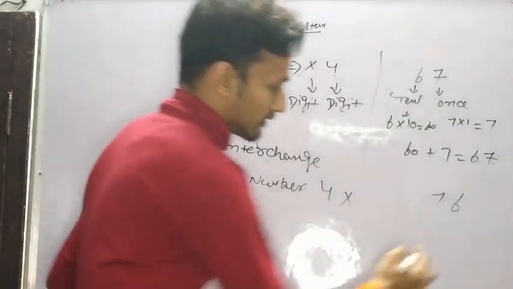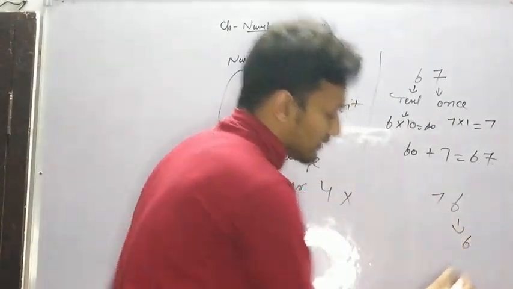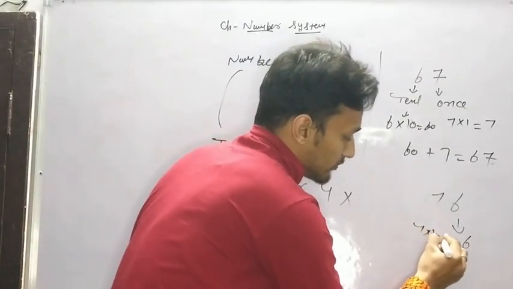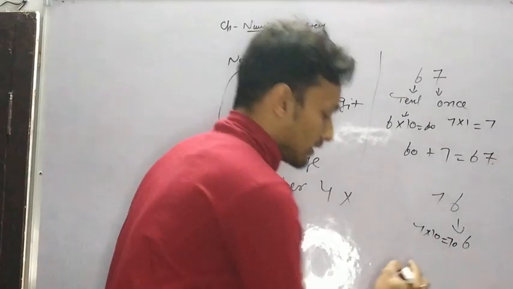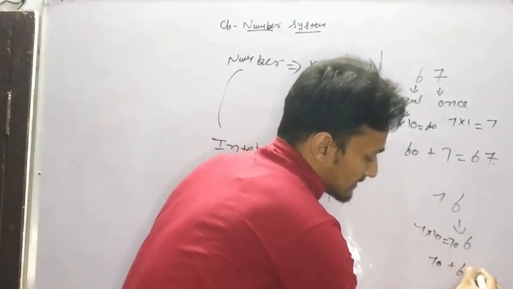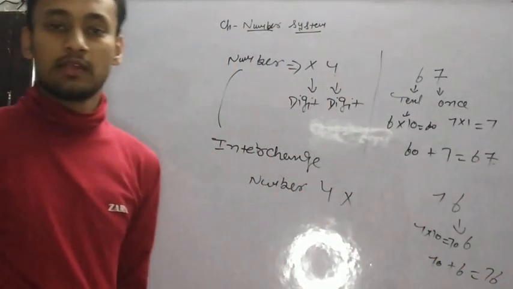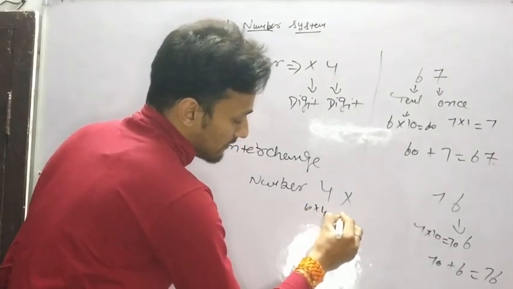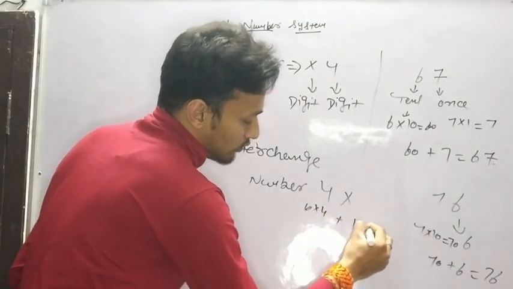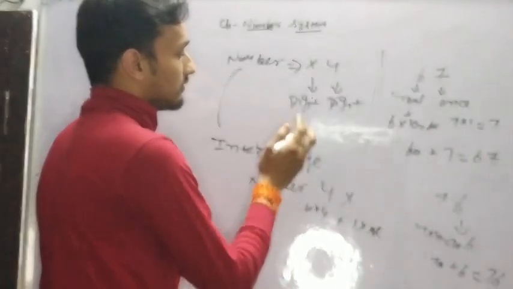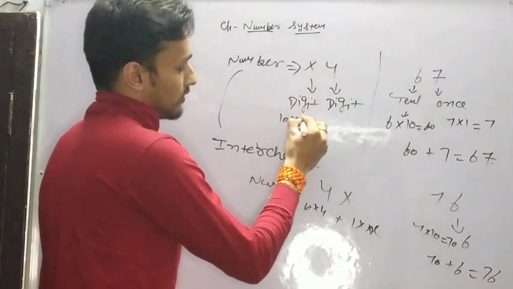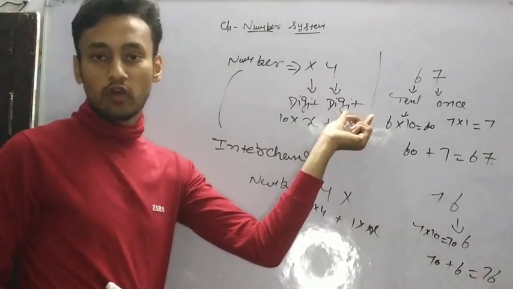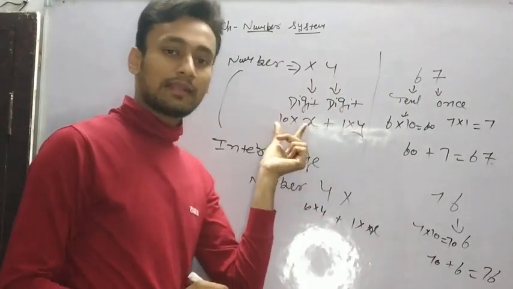How did it come? Now the 6 will play the role of ones place, and the 7 will play the role of 7 into 10, that is 70. 70 plus 6 is 76. That's it, very simple. It will be 10 into y plus 1 into x, whereas that was 10 into x plus 1 into y, because this is ones place and this is tens place.